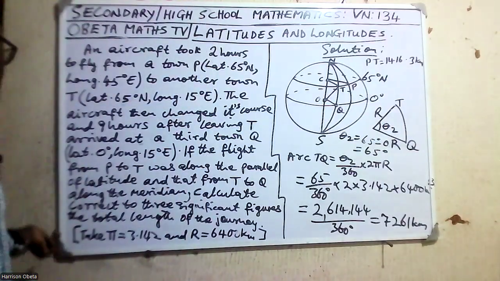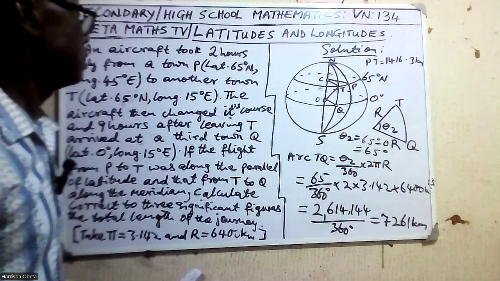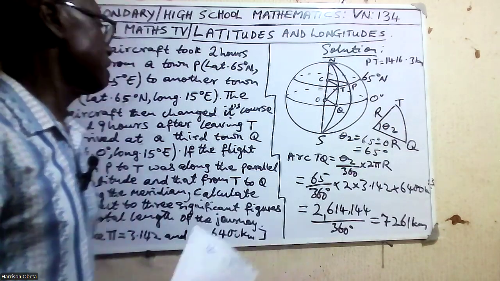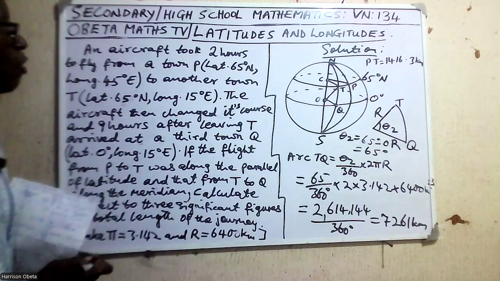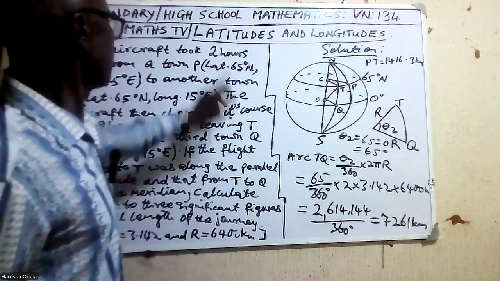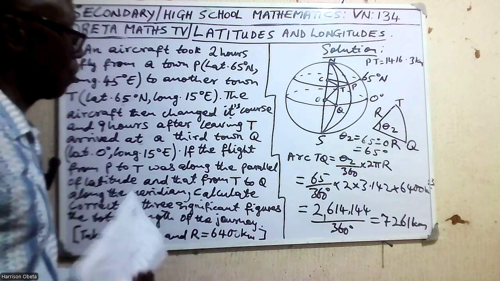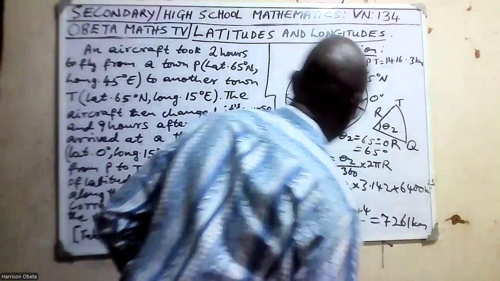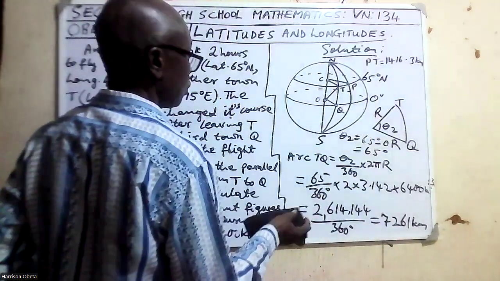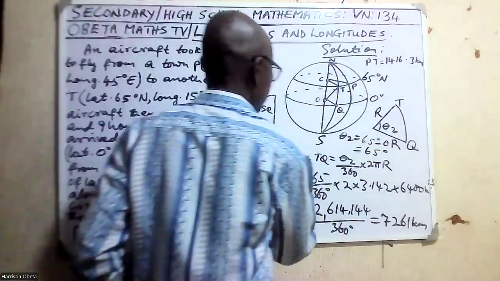But we are asked to find the total distance. And we know that the time taken should be 11 hours because 2 plus 9 will give us 11 hours. So in continuation, we quickly conclude by coming up here.